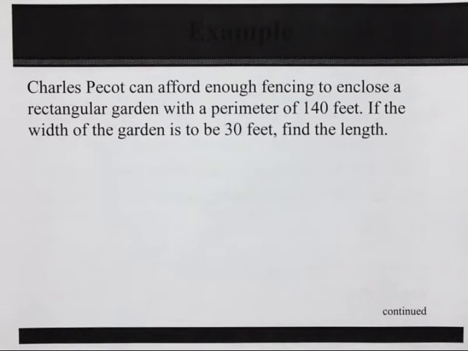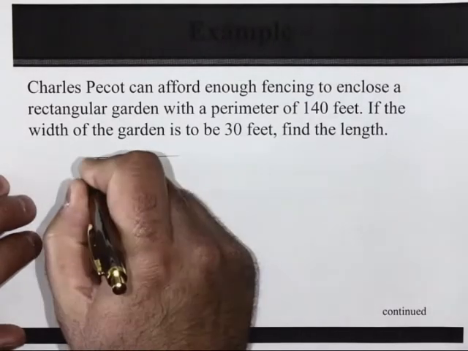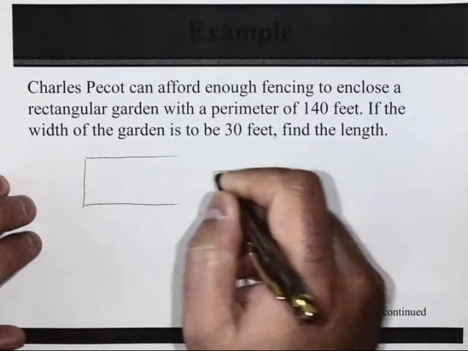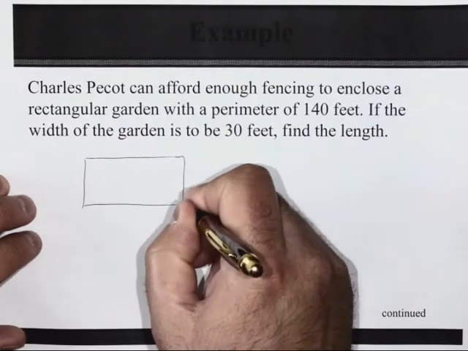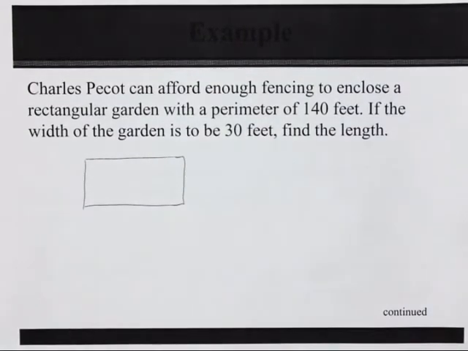Okay, so we want to draw ourselves a picture here. We know that the garden's rectangular, so that tells us that opposite sides have the same length.